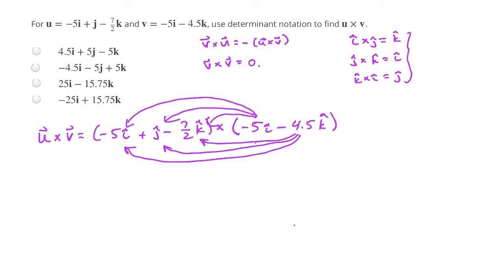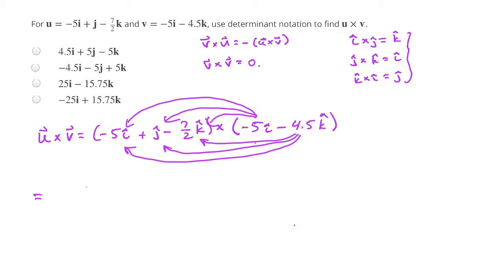And so we have a minus 5i cross a minus 5i, but i cross i is going to give us 0 automatically. Anytime we have a vector crossed with itself, we can just ignore those because we'll have the 0 values.